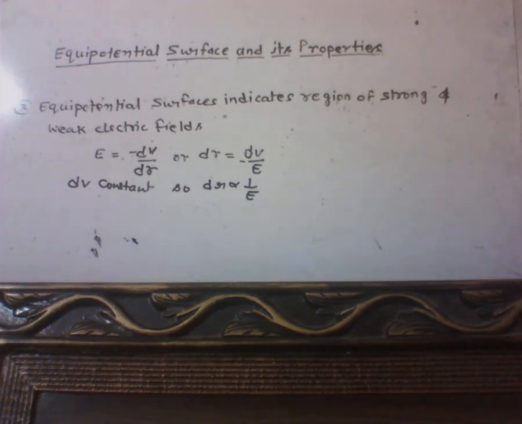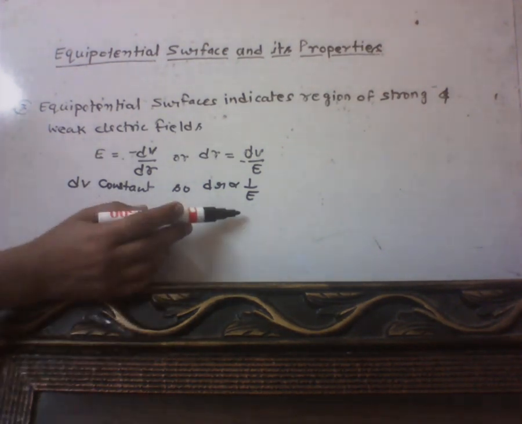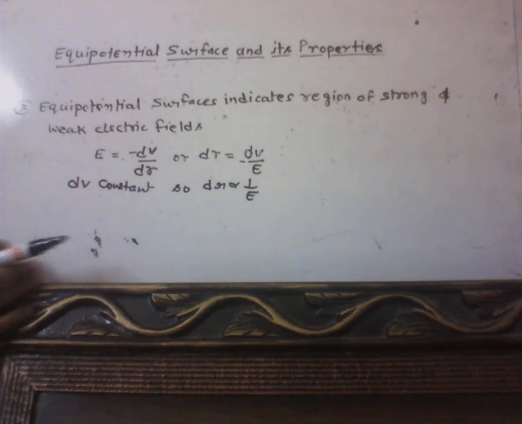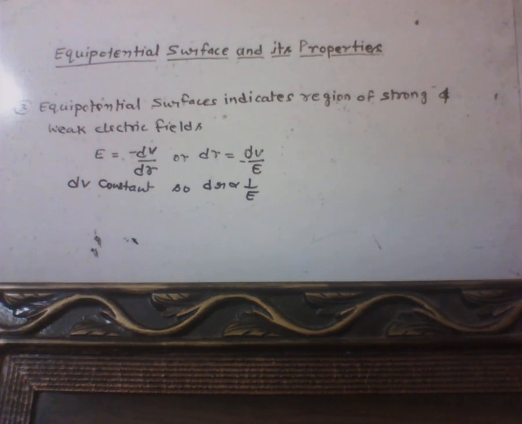It means if E is stronger, then dr will be small, and if E is weaker, then dr will be greater. If E is strong, dr will be small, meaning the separation of equipotential surfaces will be smaller.